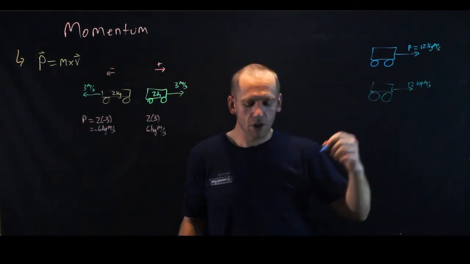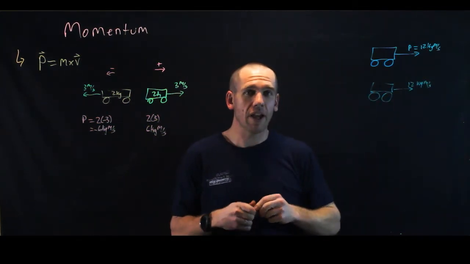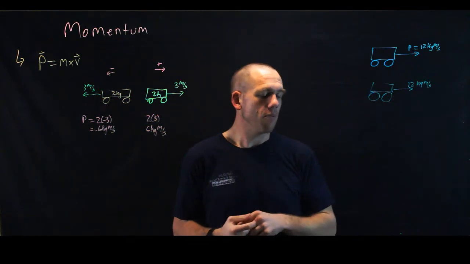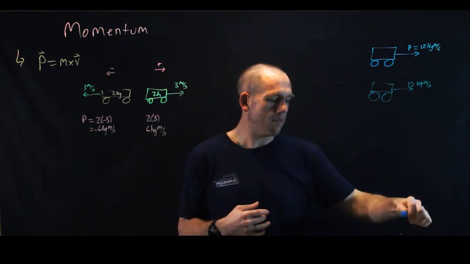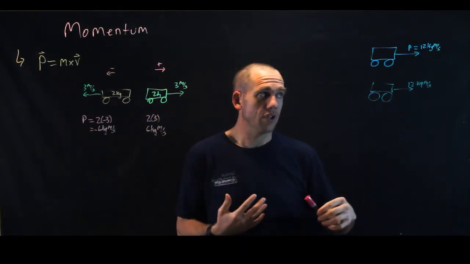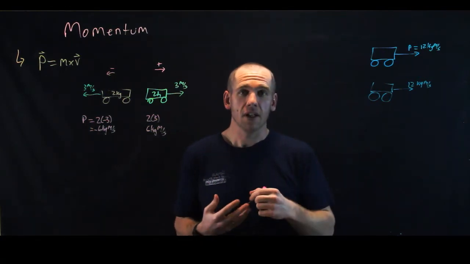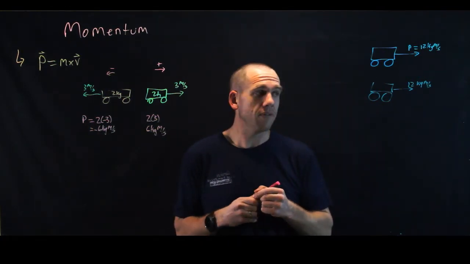What I know for sure is those things are both moving in the same direction because they both have a positive momentum. They have the same to the right momentum. But I don't know if they're moving the same speed or different speeds, or if they have the same or different masses.